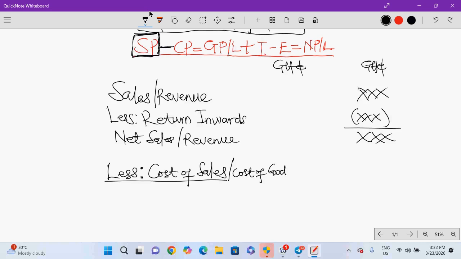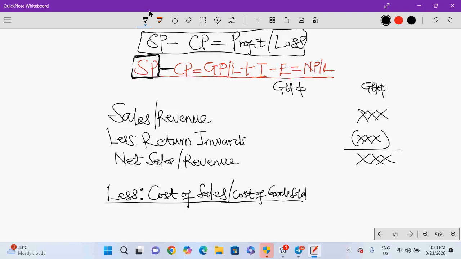Cost of goods sold. Usually when there is no wages, then the cost of sales becomes your cost of goods sold. But once there are wages standing alone, affecting the trading, then that will be added to the cost of goods sold, and we are going to get our cost of sales.